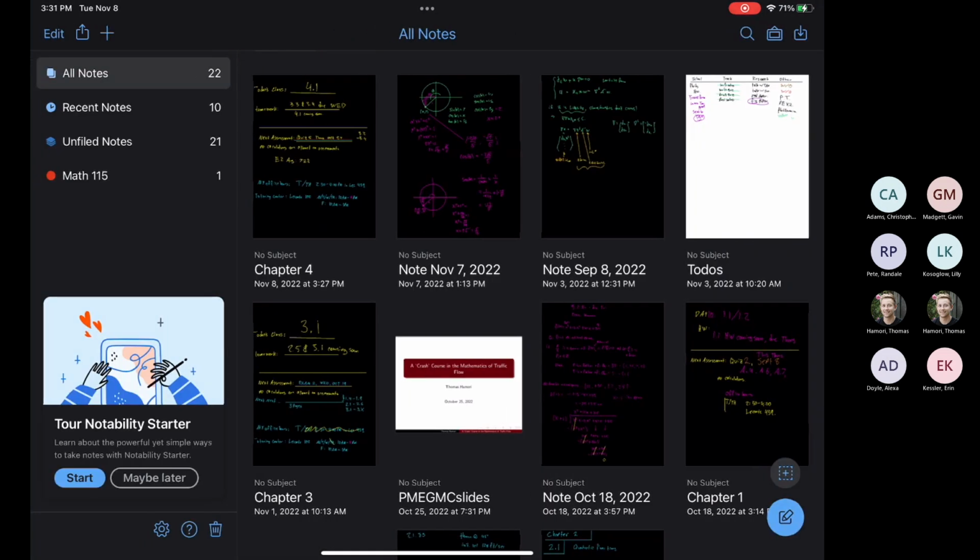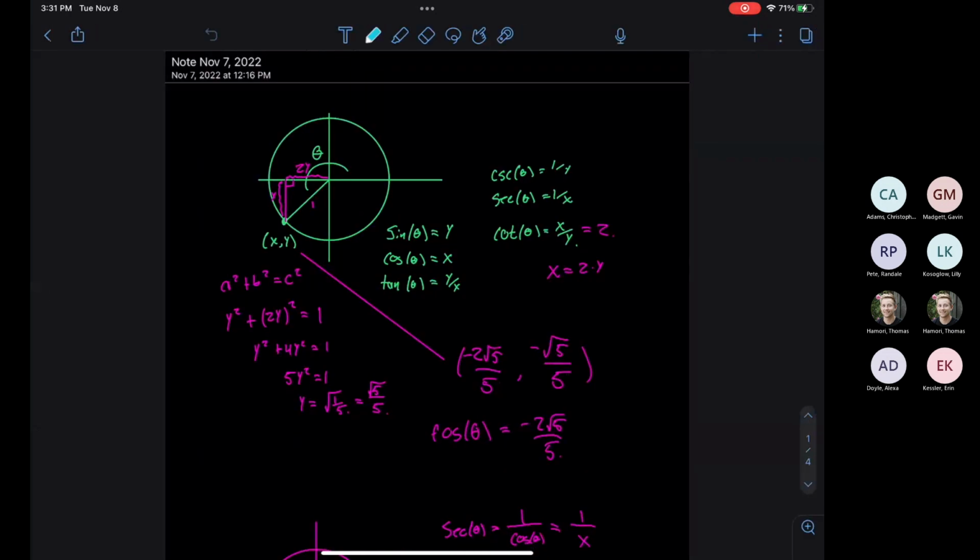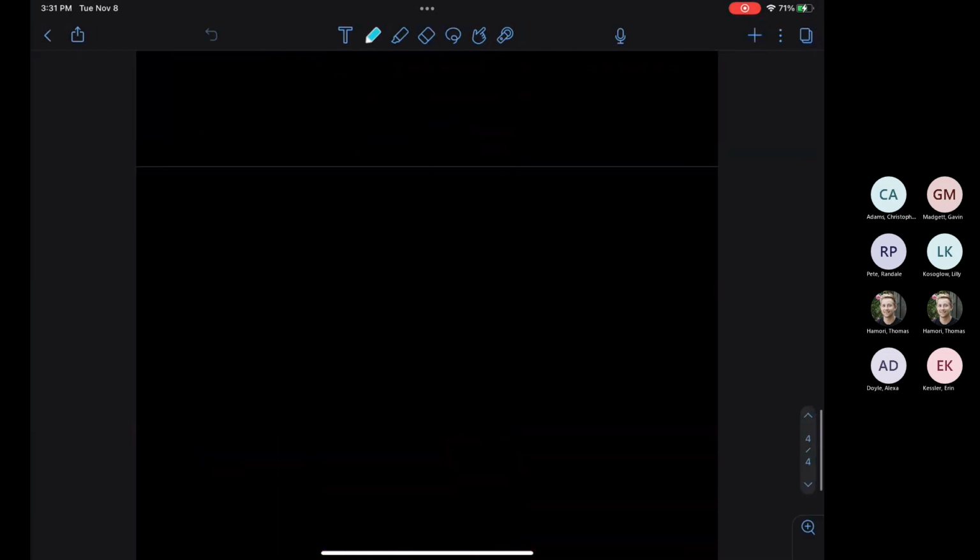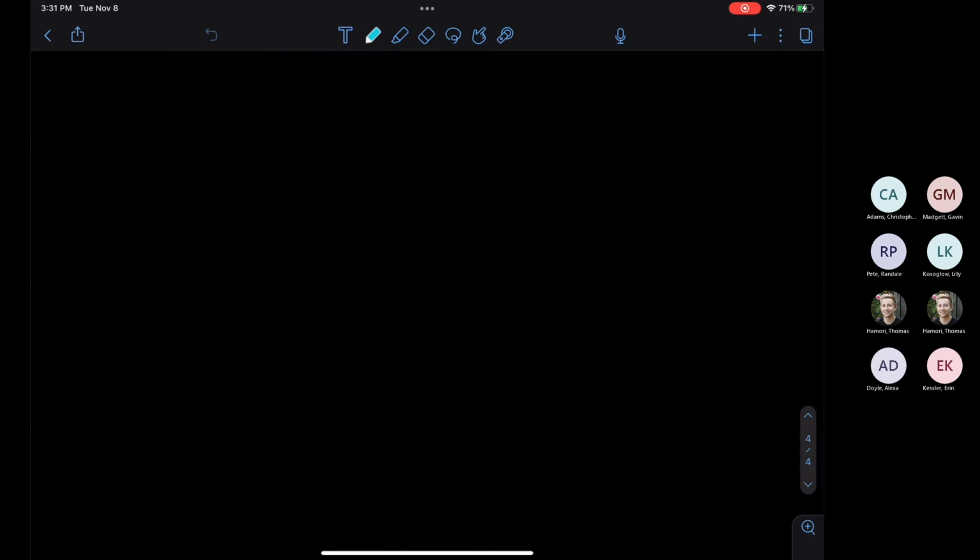So let me go to a new page here. So what would that look like? All right, so here we have a graph. I'm not going to copy the entire graph, but I'm going to get the main features.